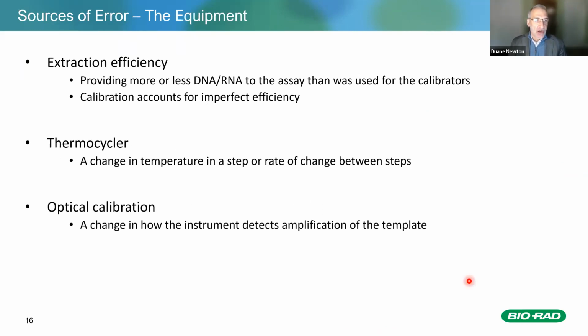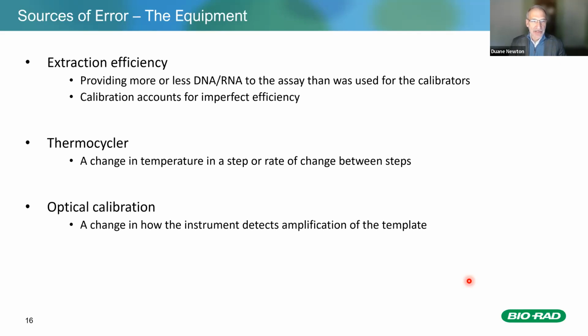Sources of error include extraction efficiency, thermocycler issues, or optical calibration. Extraction efficiency can have an impact where we're providing more or less DNA in the assay than is used for the calibrators. If we recalibrated the assay each run, that would be an optimal way of correcting for that imperfect efficiency.